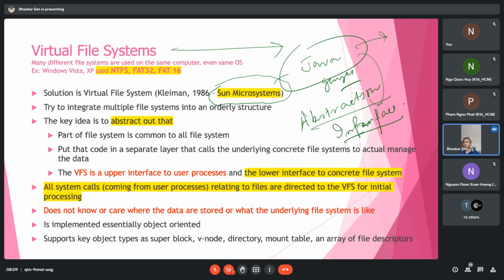So basically what are we doing? There's a problem that we are looking at.